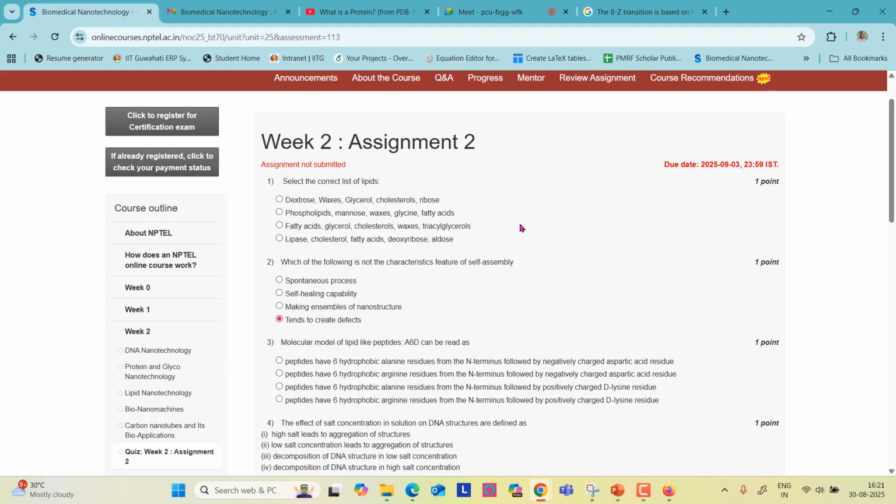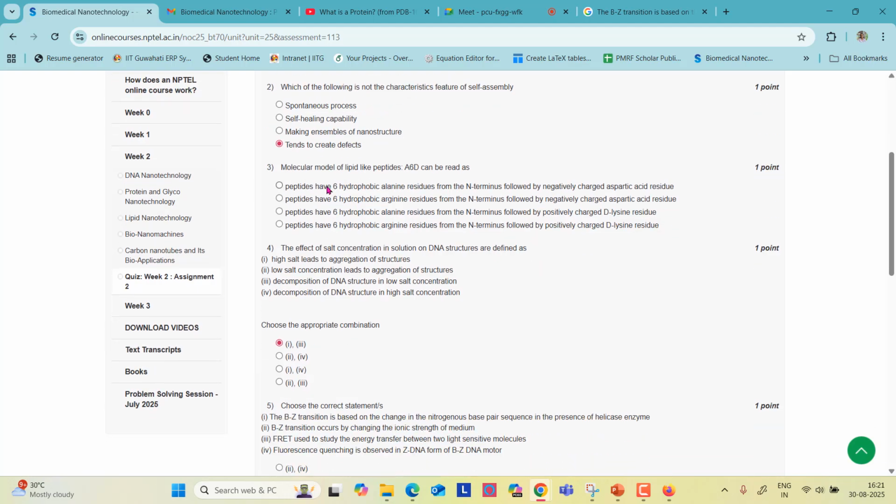So it is obviously option 3: fatty acids, glycerol, cholesterols, and waxes and triglycerides. Right? In question number 3, the molecular model of lipid-like peptides A6D can be read as what?